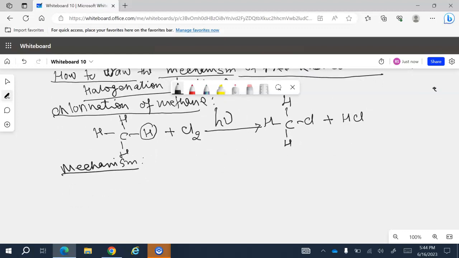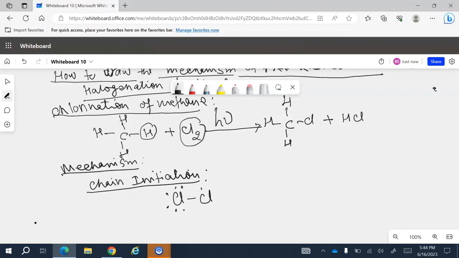The first step we call chain initiation, or simply initiation, in which the radical is generated. In this case, chlorine is the starting material, and we can write the Lewis structure of chlorine as Cl and Cl bonded by a single covalent bond.